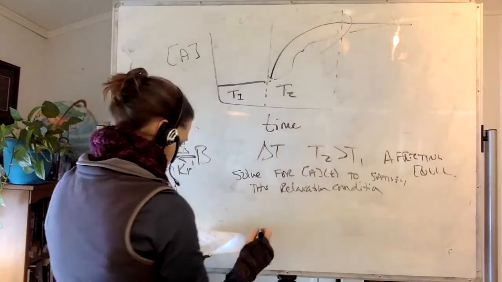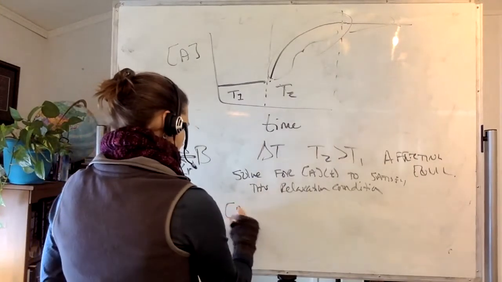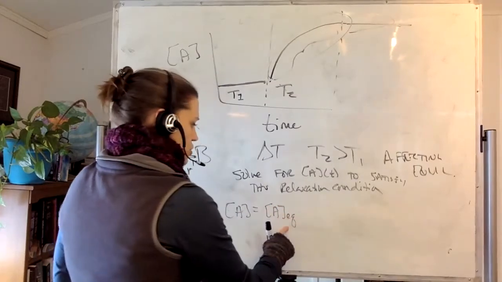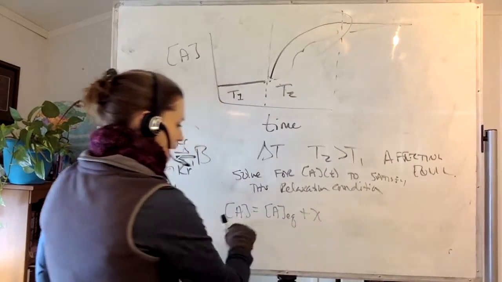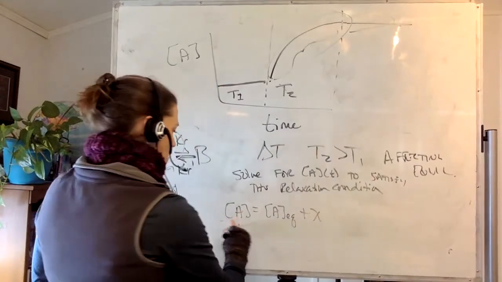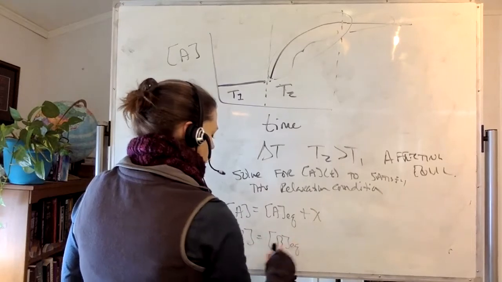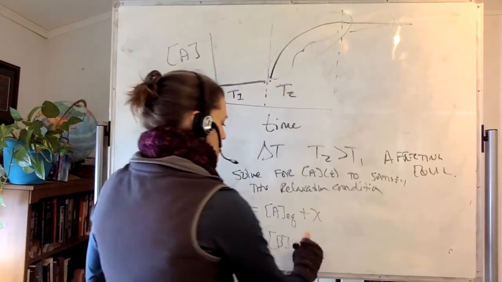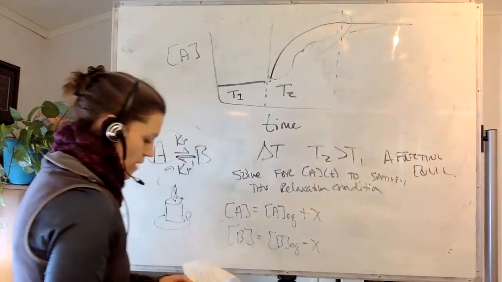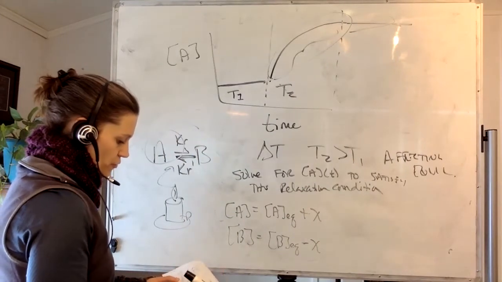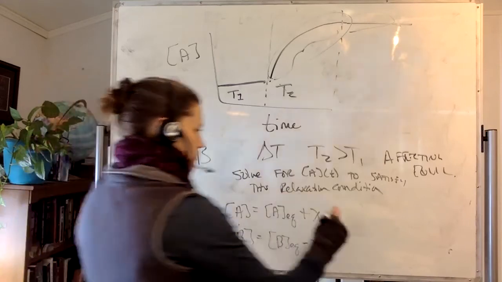So the solution where A is equal to some equilibrium concentration plus X, because we're adding A back, and then B, the concentration of B at any given time, is equal to the equilibrium concentration minus some X value. And so then you would solve for the differential equation.